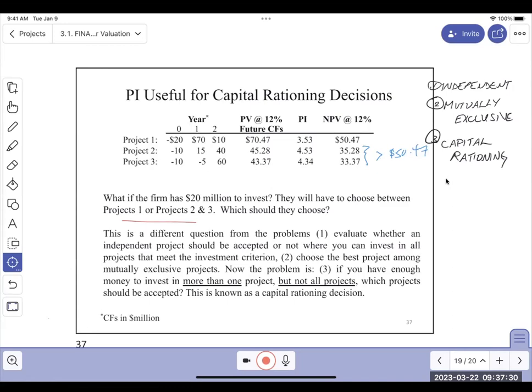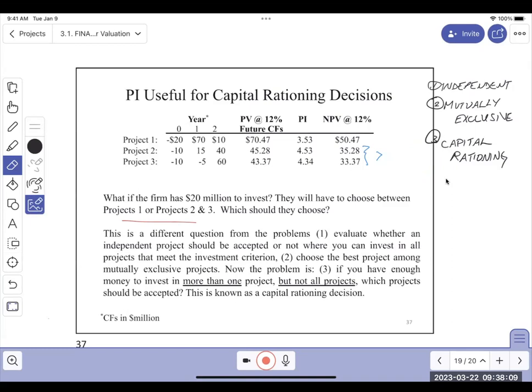So you compare project 1 with the others. You can add these together, right? The NPV will be the total net present value. Taking 2 and 3 has an NPV of... that's not the right number. That's nice and confusing. How much are those together?